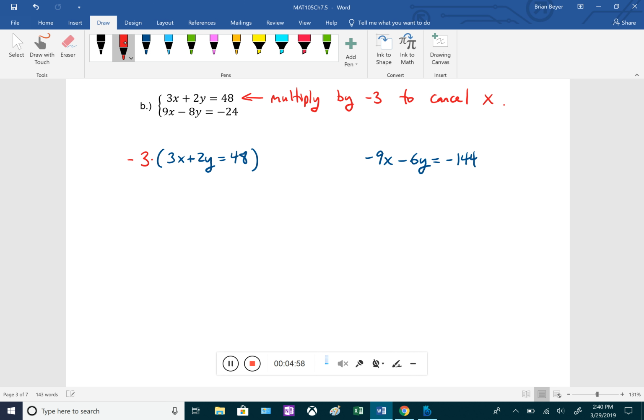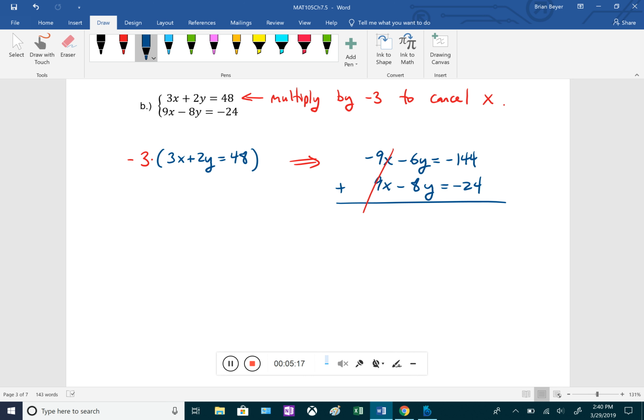Okay, so now we're going to add these equations together, plus the second equation. Just like we did, we add down the columns with the like terms. Negative 9x plus 9x cancels, which is what we wanted.